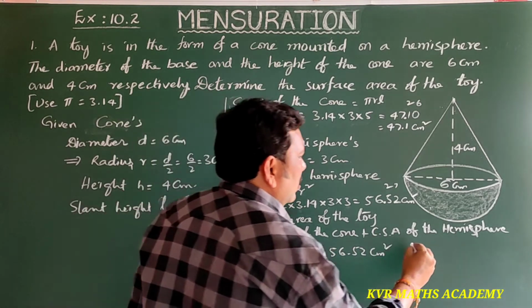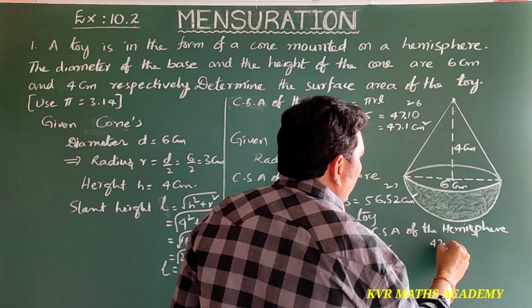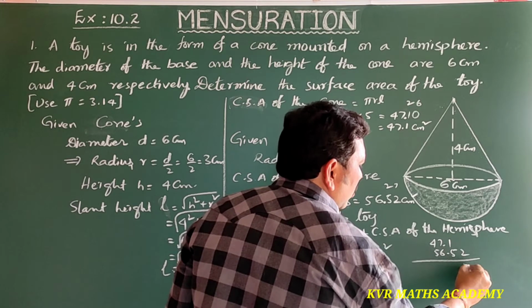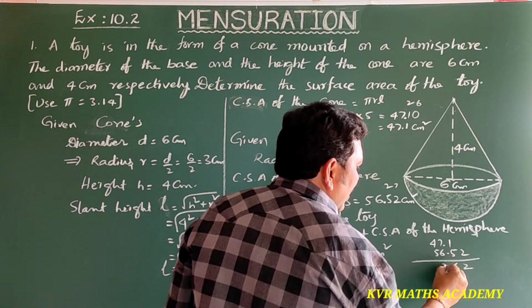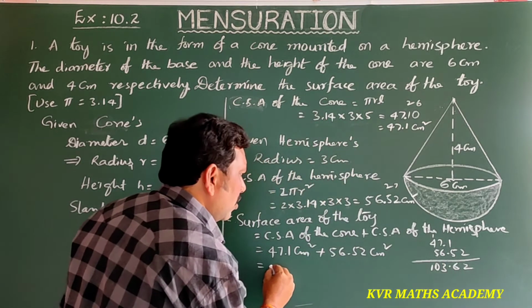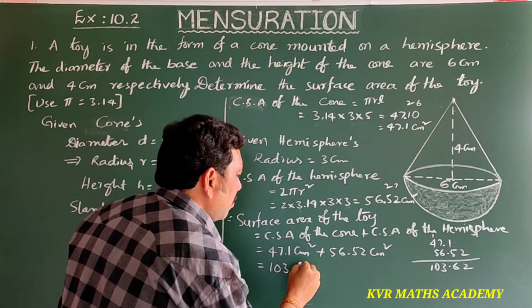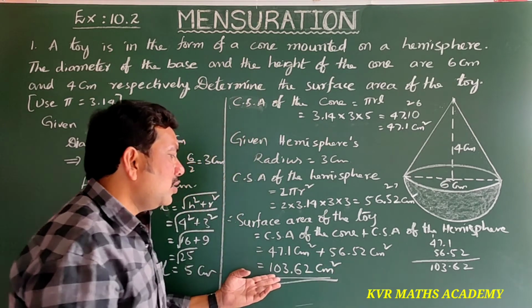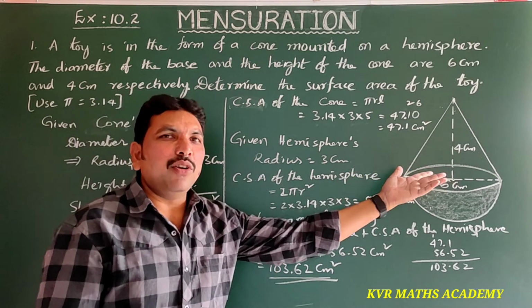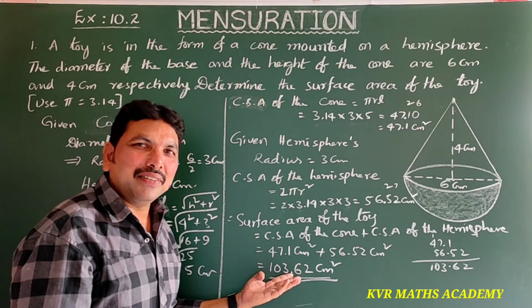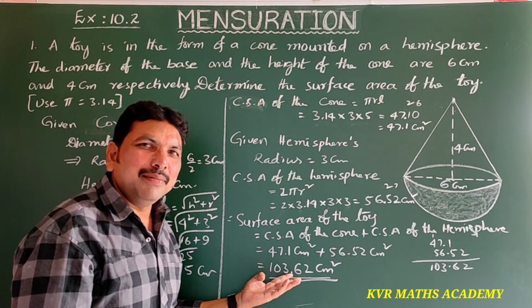Add 47.1 and 56.52: 2, 6, 3, 1, 10. So that is equal to 103.62 centimeter square. So the surface area of the given toy is 103.62 centimeter square. Have you understood clearly?